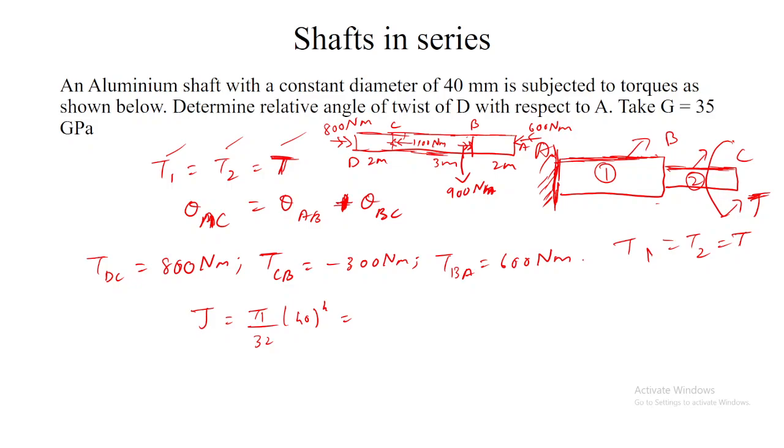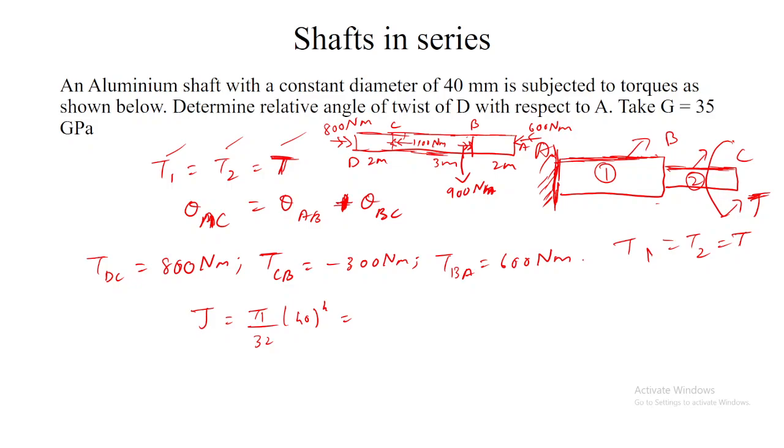Sir, is the answer 0.43 radian? No. I think you are getting double the value.